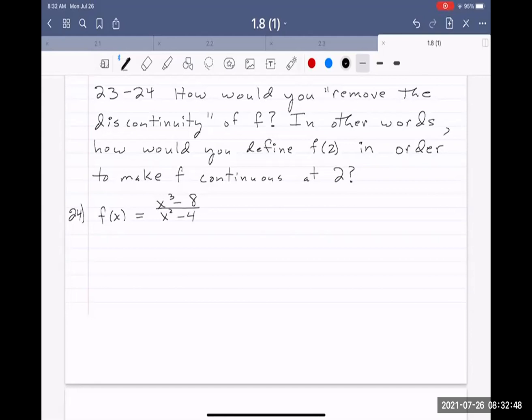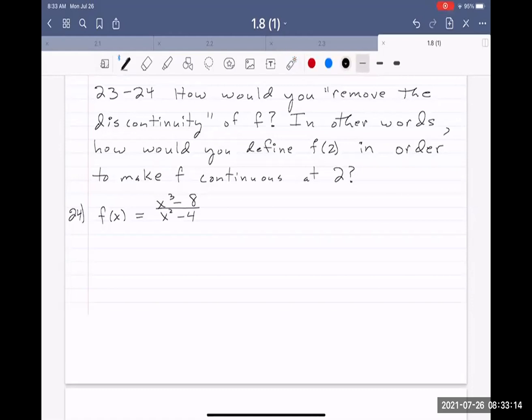So if you notice here, when you plug in x equals 2, you get 2 cubed, 8 minus 8, 0, over 2 squared, 4 minus 4, which is 0. So how should you redefine this function so that f would be continuous at 2?